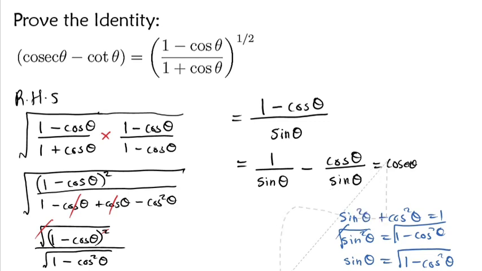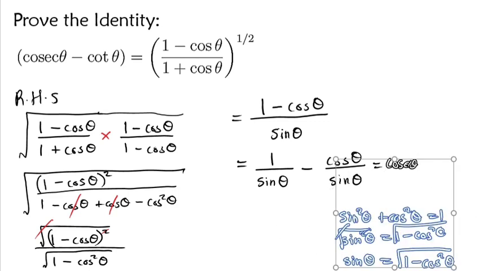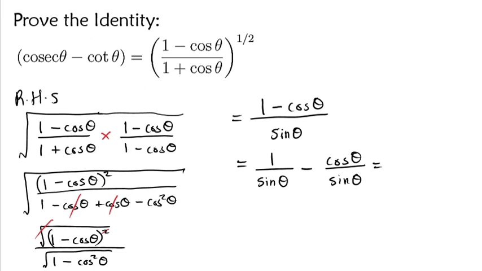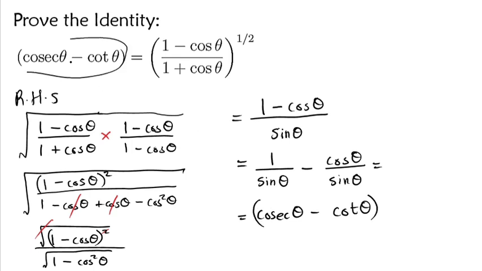Let's redo it. Let's write it properly. So 1 over sine is a cosec, and cos over sine is a cot. So there we have it. We have produced the left-hand side.